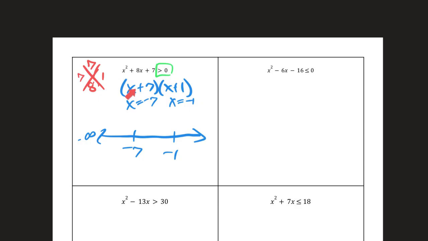So if you are able to factor it, do your sign chart in the factored form. So negative 8 plus 7 is negative 1. Again, I just care that it's negative. And then negative 8 plus 1 is negative 7, and I just care that it's negative. So no matter what I chose in that interval, I would get something negative times something negative, so I would have a net positive result in that interval.